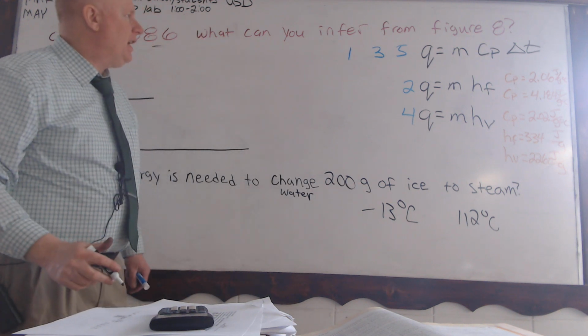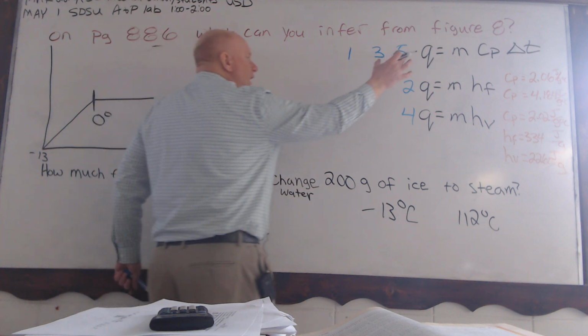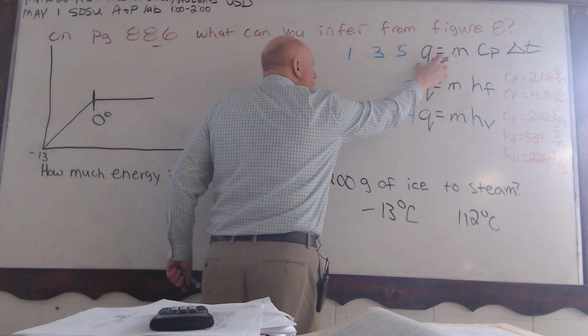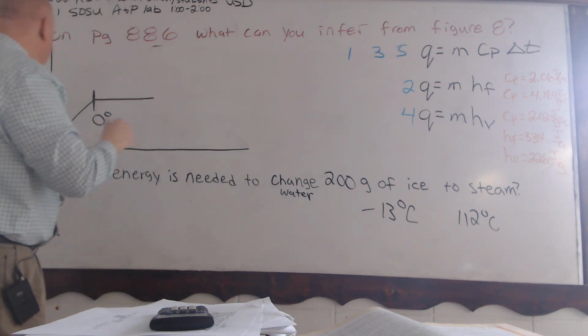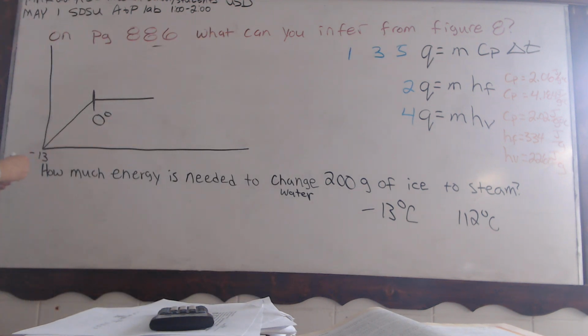Okay, so that is a mass. So a quantity of heat, that's what we want to measure because it's going to be in joules. This quantity will be its mass, which we know is 200. Is it 200? Yes, 200.